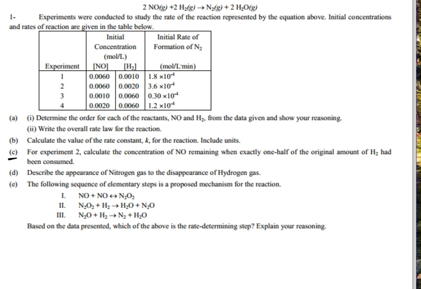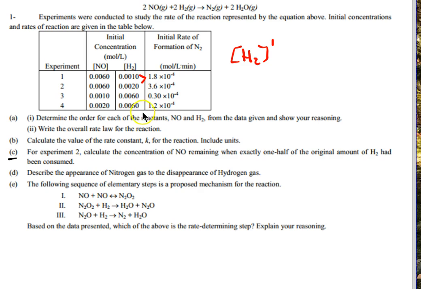All right, here we go. So determine the order. When this was doubled, the rate doubled, right? All right, so for H2, it was a what? It's a first order reaction. Who was successful in doing that? Okay, that's a good sign.